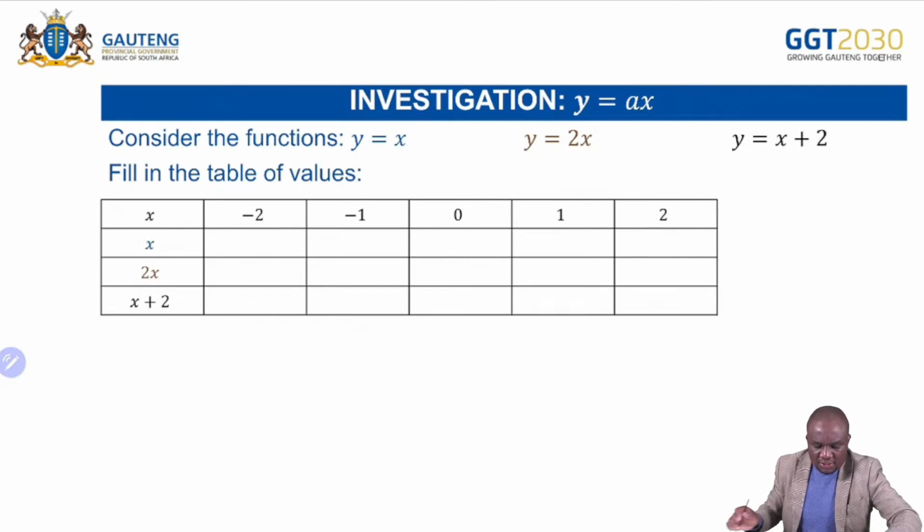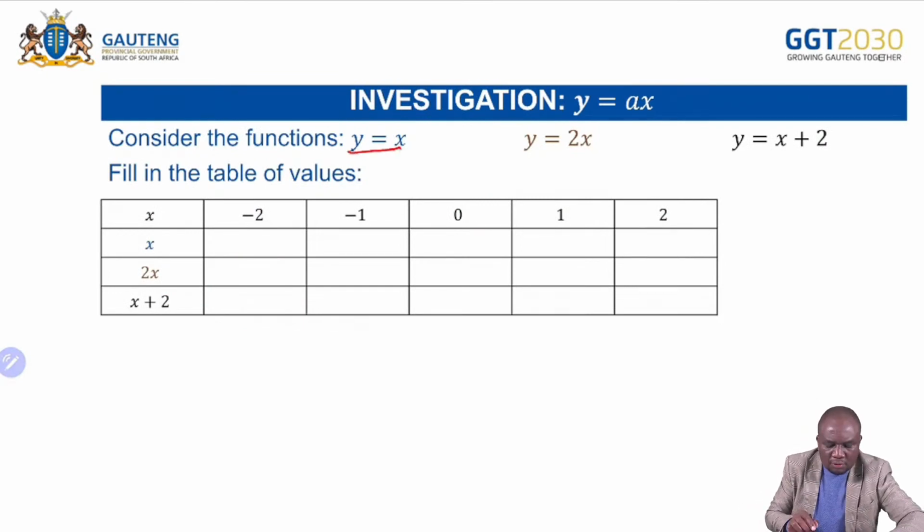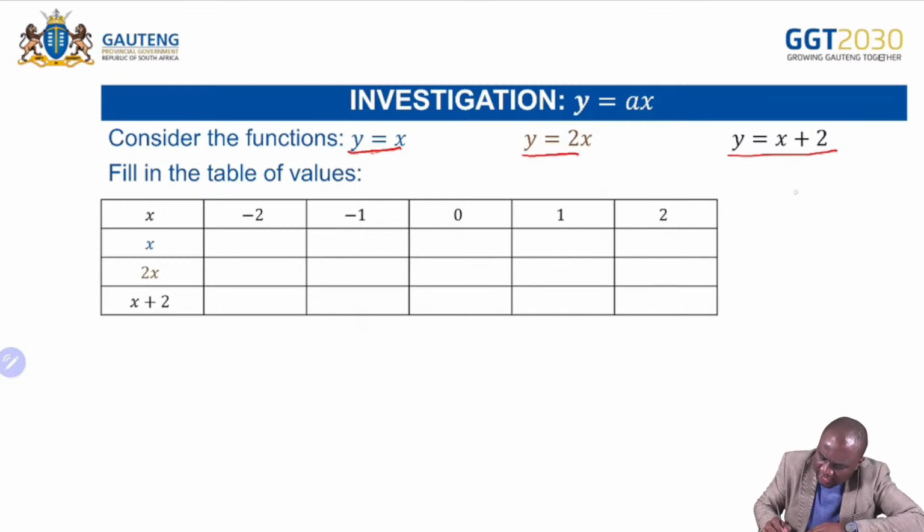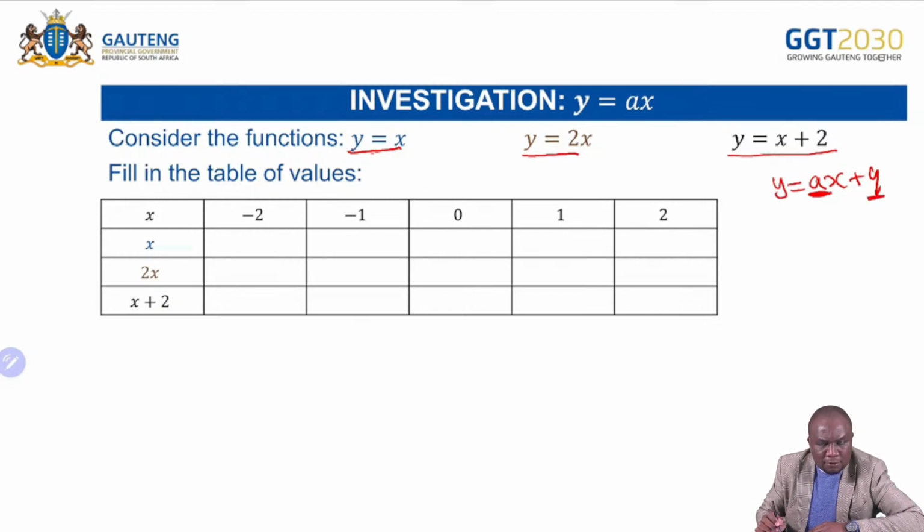Consider the functions y is equal to x. We call this one the parent graph, the blue graph. Then y is equal to 2x and y is equal to x plus 2. So we have the formation y is equal to ax plus q. We want to see the effect of the a and the effect of the q.